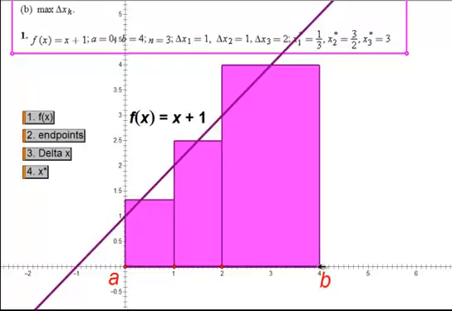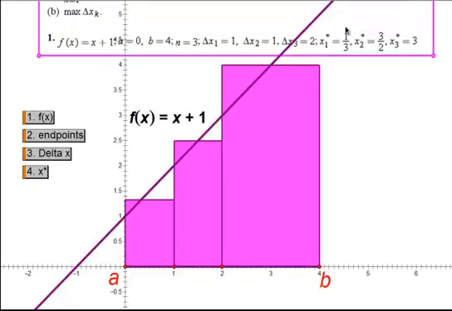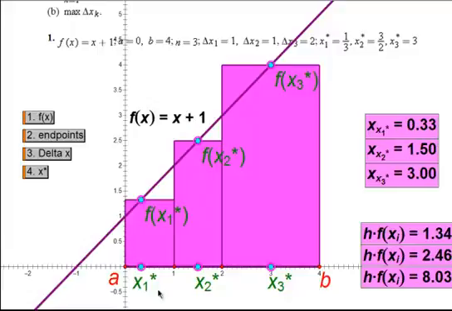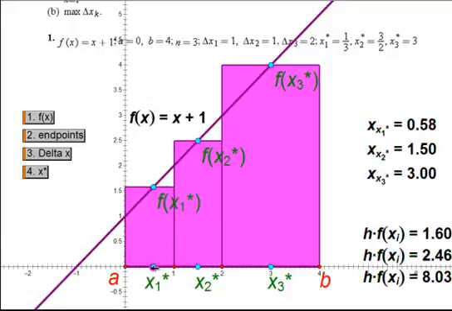So now the question is, what is the height of each of these rectangles? Well, the question says x1 star should be at 1/3. So it could be anywhere within this rectangle, but it's saying it should be at 1/3, so I'm looking right here to see when this gets to 1/3, which is about 0.3, and it looks like about there.